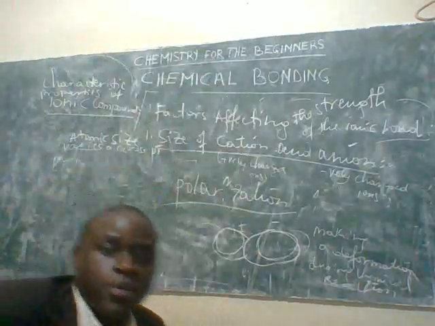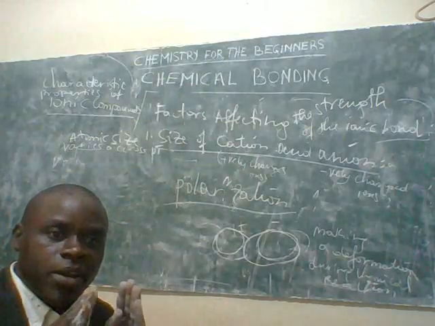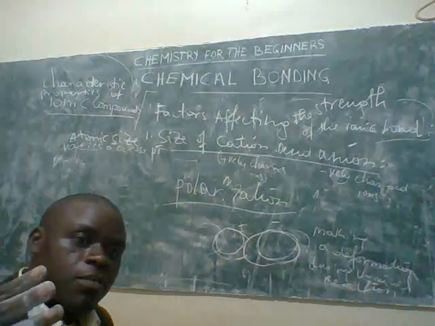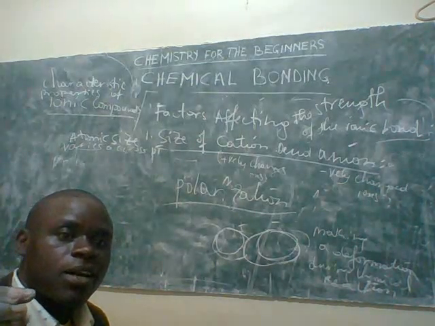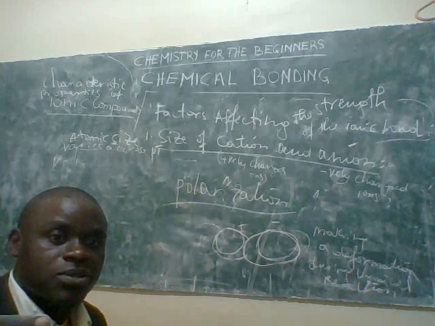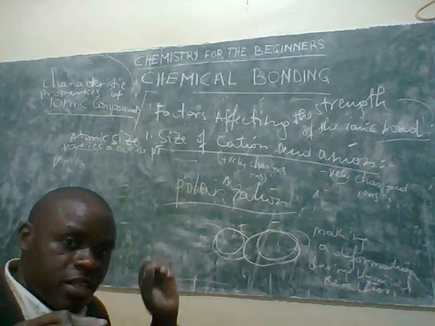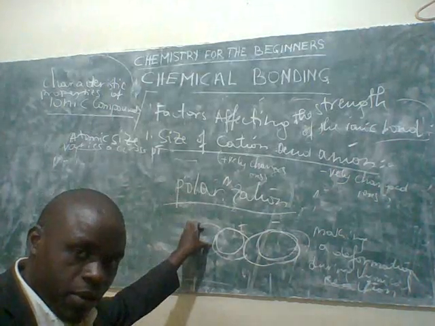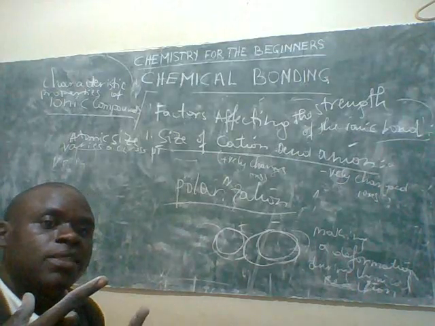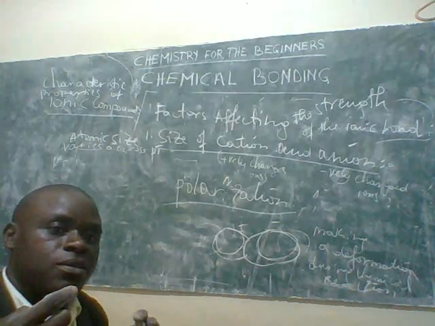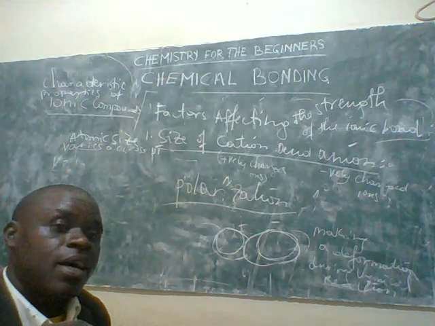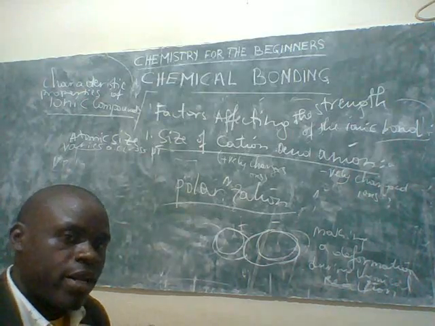We have talked about ionic bond. I will come to explain covalent bond, or if time allows, I can explain it all in one lesson, because we have explained ionic bonding, and we will see covalent bond, which has two parts: dative or coordinate covalent bond, and also normal covalent bond.